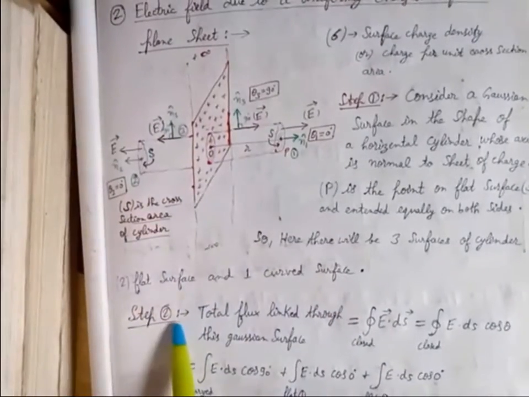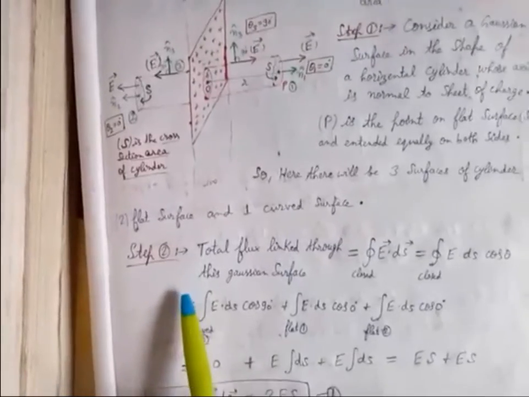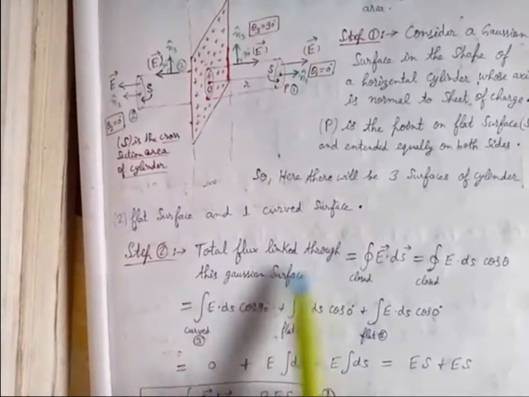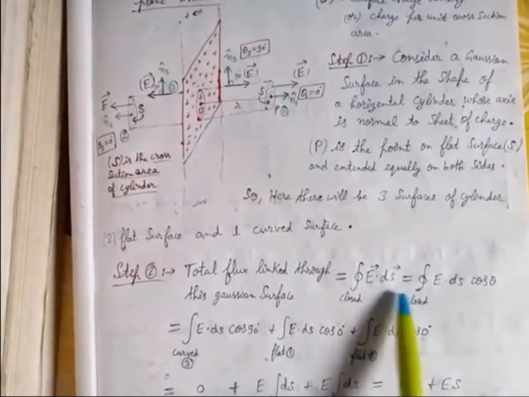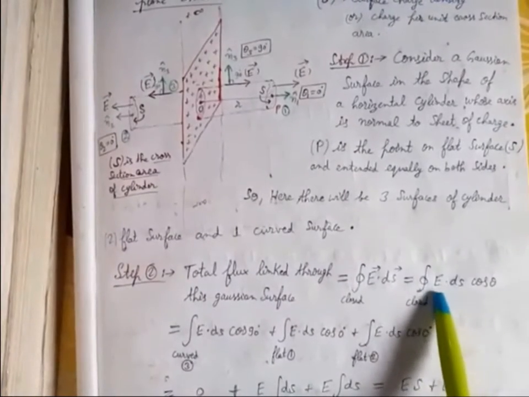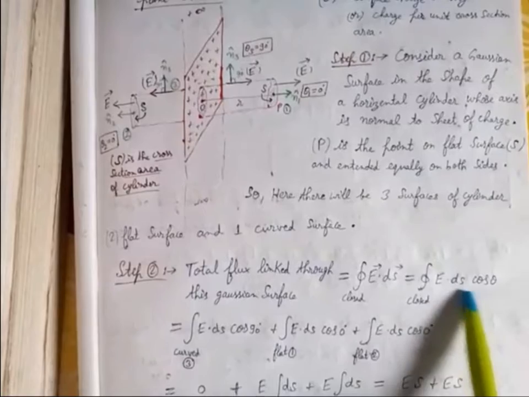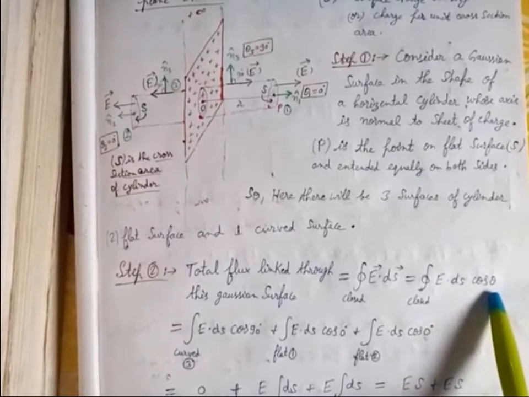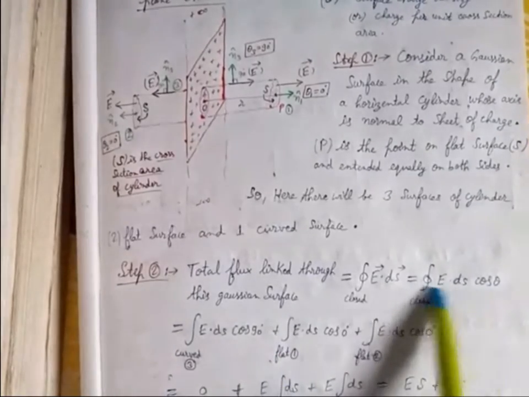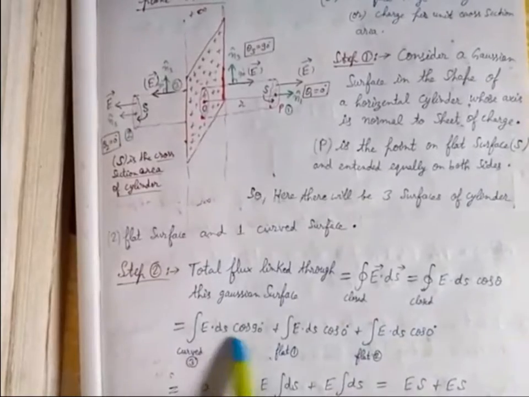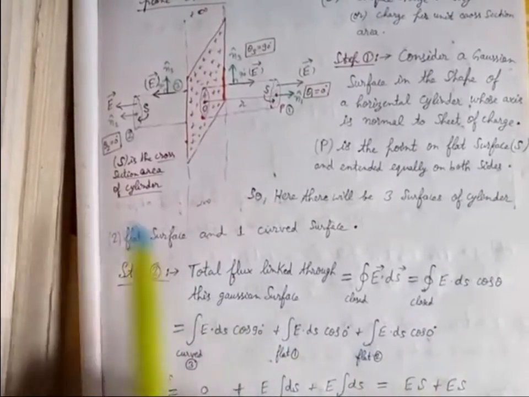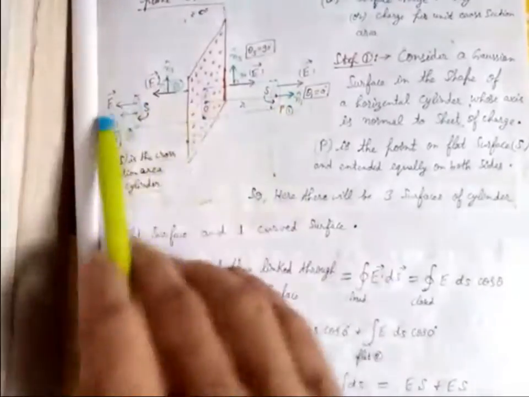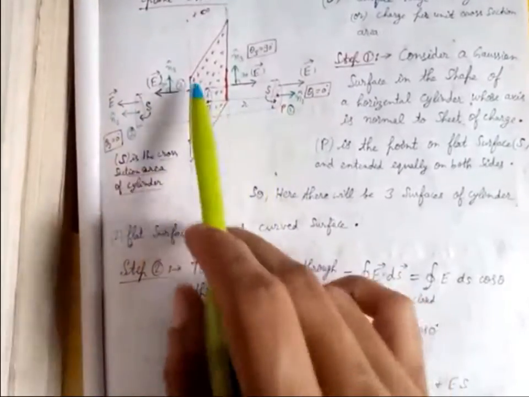So step number 2, the total electric flux linked through this Gaussian surface will be the closed integral E dot ds, that is the closed integral E into ds into cos theta. This closed integral splits into three parts, because there are three surfaces of the cylinder, two flat and one curved.